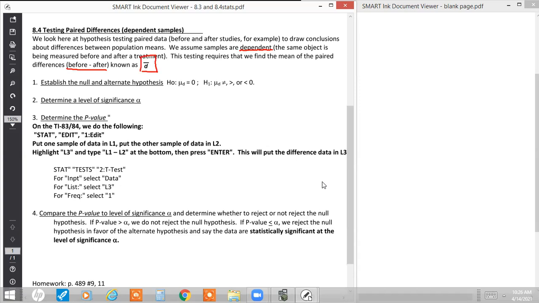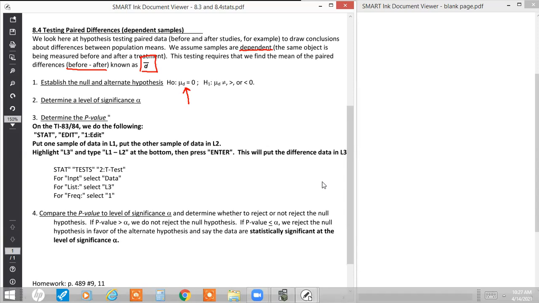Okay. So you find the average of the before, the average of the after, and then you find the average of the before minus after. Under the null hypothesis, the mean of those differences is 0. See if this makes sense.